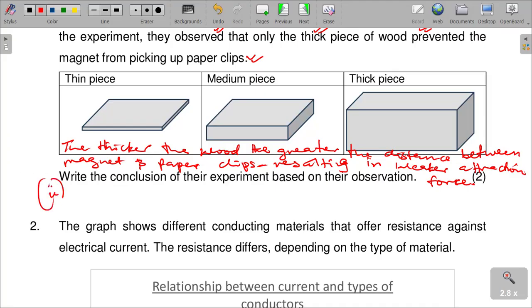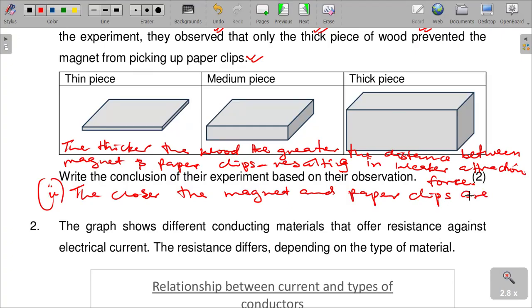Number two, I can say the closer the magnet and paper clips are to each other, the stronger the attraction between them.